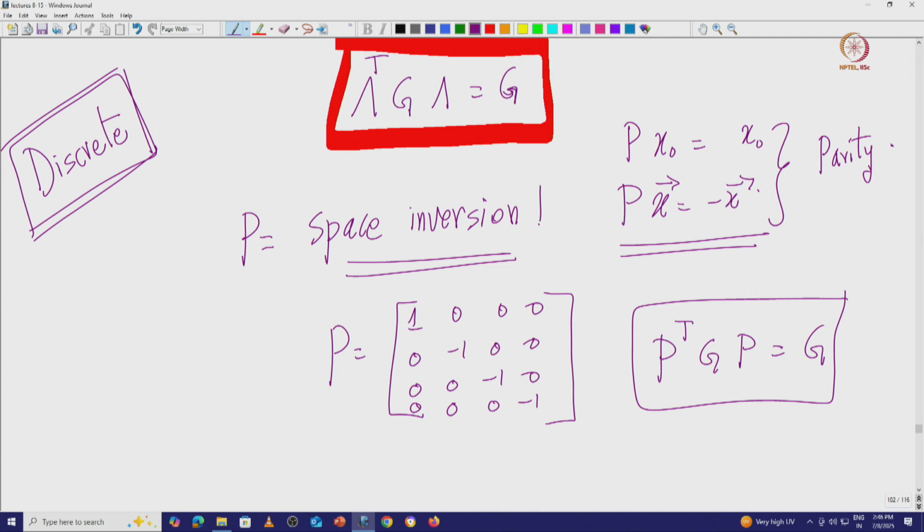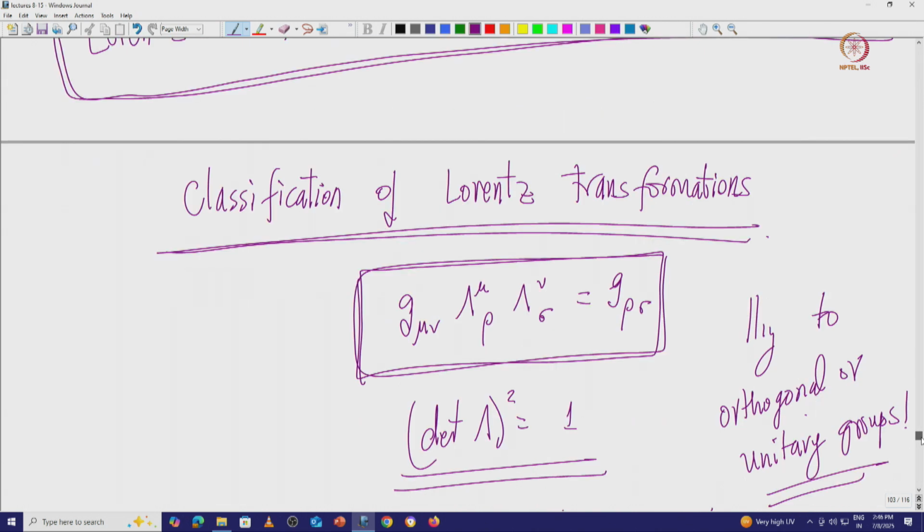And then you see that P transpose G P is also equivalent to G, where P is an element belonging to the Lorentz group.